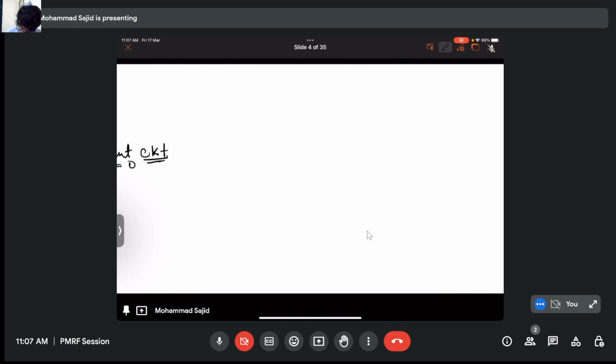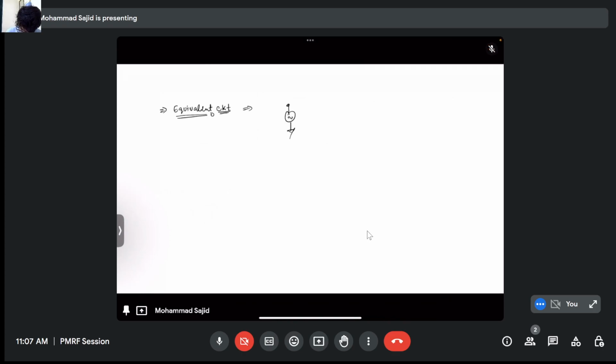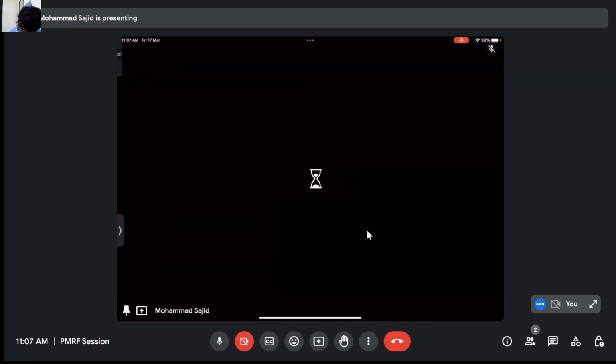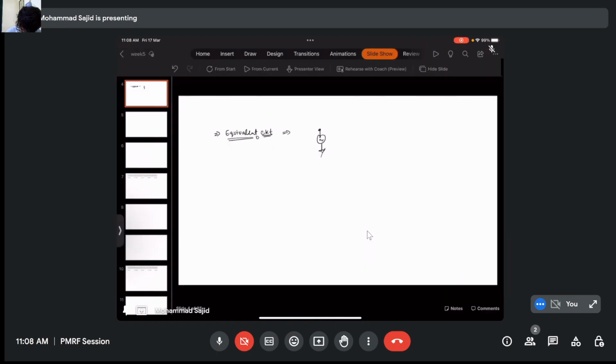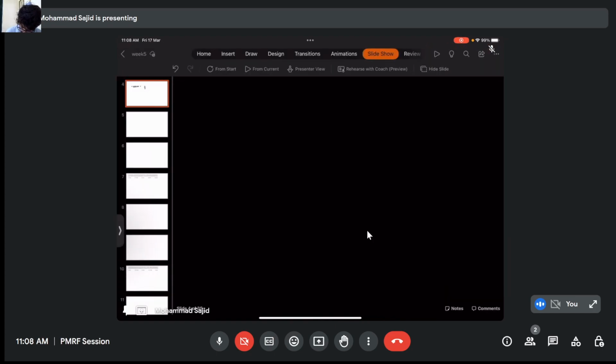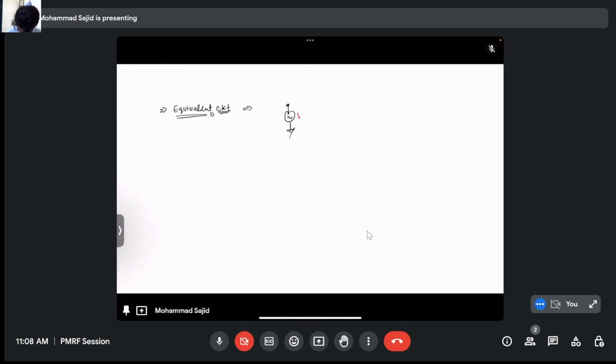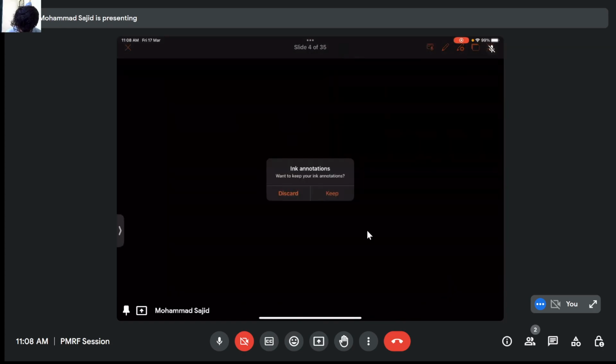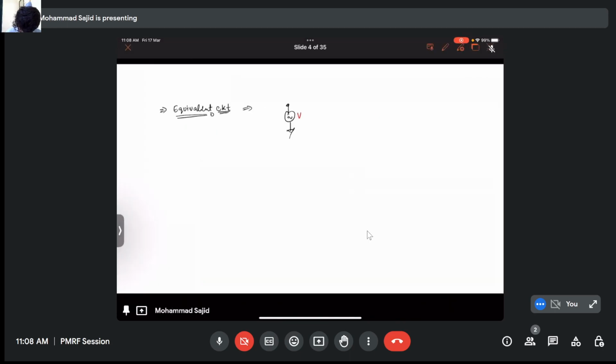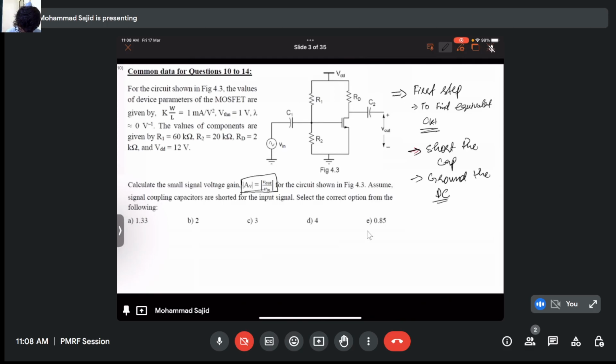Okay. So this is your way in. Short the capacitor.